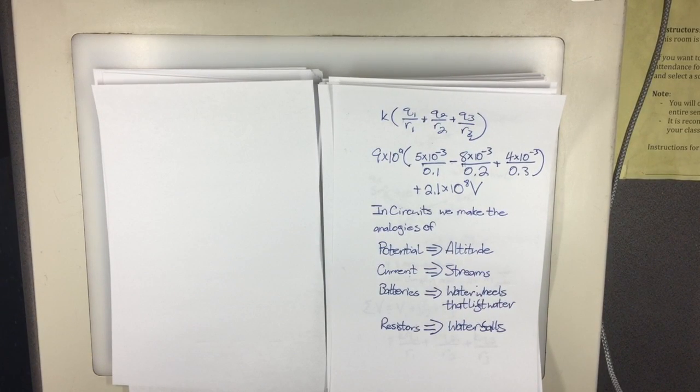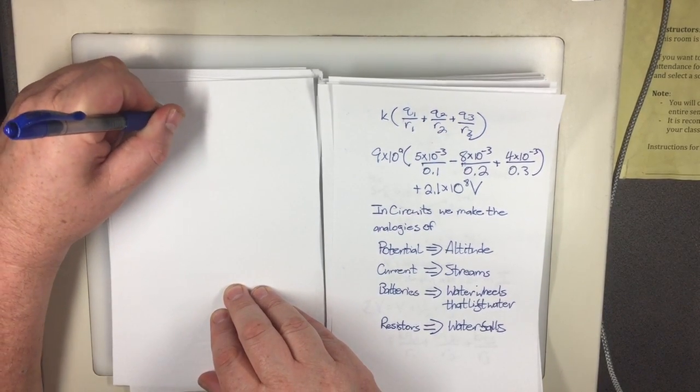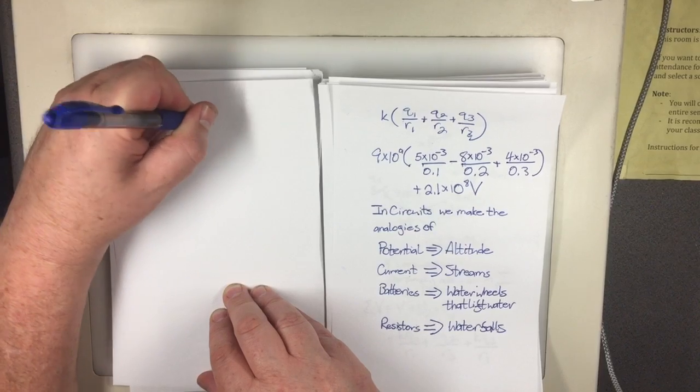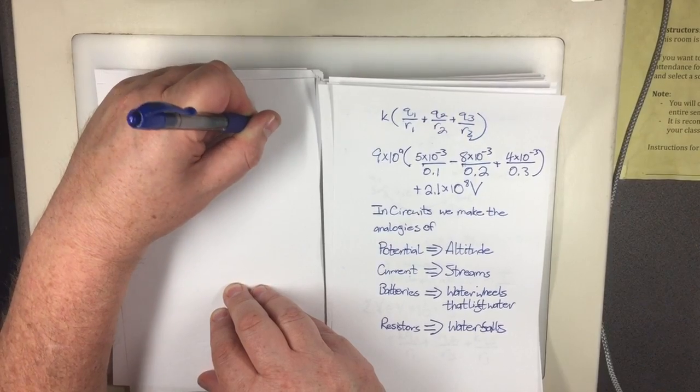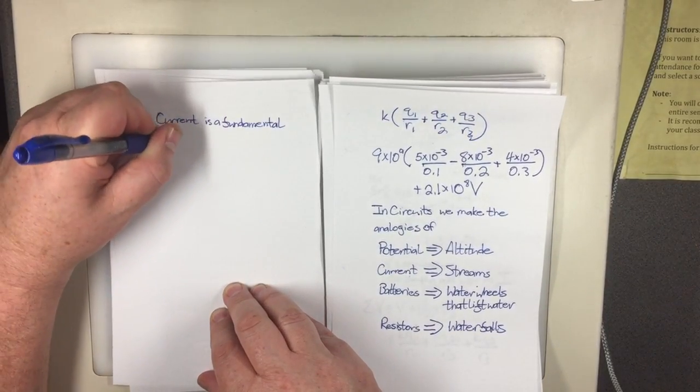So we've all seen a stream before. And so a stream has water passing through it. In fact, we've talked about it in like Bernoulli's equations. The bigger the stream, the more water going through it. The faster the stream goes, the more water going through it. That water, the analogy that I make to it, it's like current. Current is a fundamental unit.